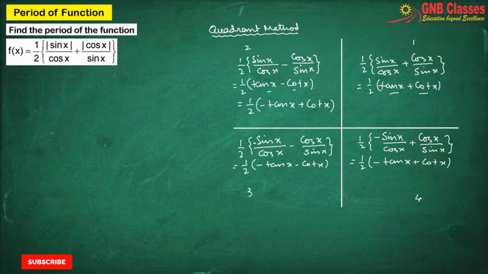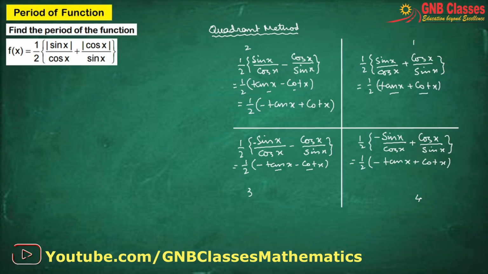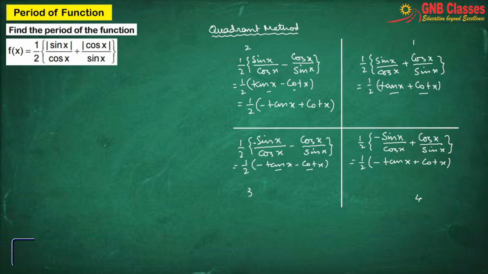In this case it is tan x and cot x. In the third quadrant, tan x as well as cot x is positive, so leave the function as it is, don't touch it. In the fourth quadrant, tan is negative as well as cot is negative, so we have to rewrite this function as half of tan x minus cot x.